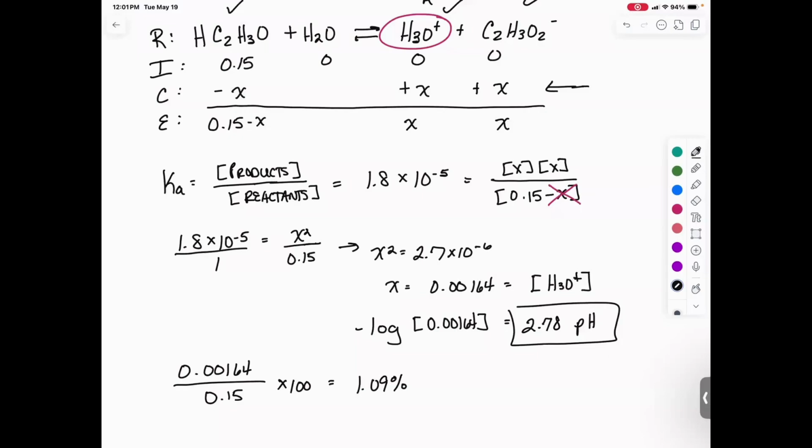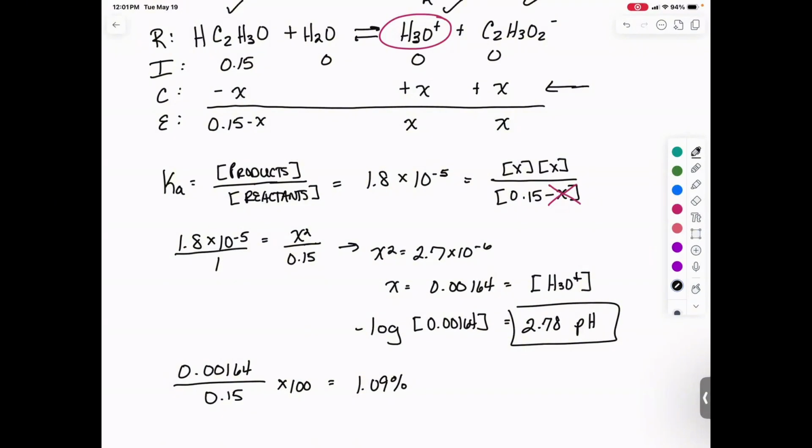That simply tells you that the amount of H plus that dissociated from the acetic acid originally is less than 5%. So we can assume that X is so negligible that it's really not going to change the 0.15 concentration. And it'll help us from a math perspective, okay?